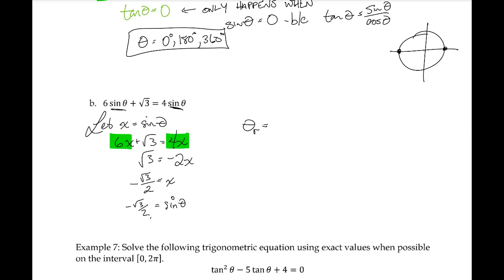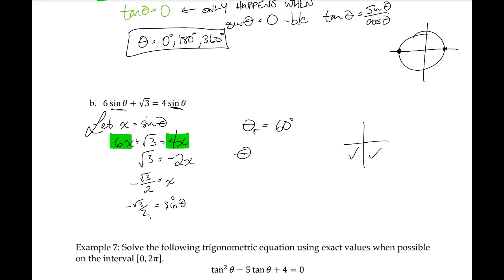And I know that that is actually 60 degrees, or if you were landing on radians first, you were thinking pi/3, but again, we have to talk in degrees because of the domain that we're given in the question. So that's my reference angle, but we know that sine is negative in quadrants 3 and 4, as we've come across multiple times already in these examples.